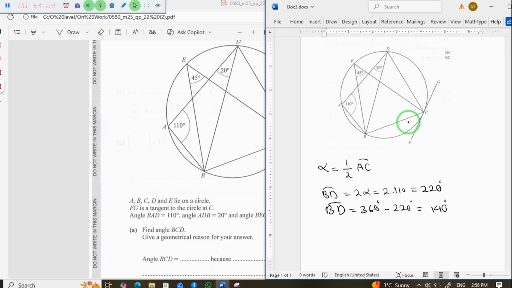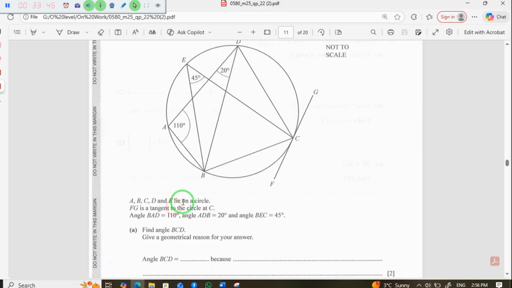Then the angle BCD is equal to 1 over 2 multiplied by the opposite arc, ABD, so 1 over 2 multiplied by 140. We simplify and remain with 70 degrees. So the complete angle BCD is 70 degrees.